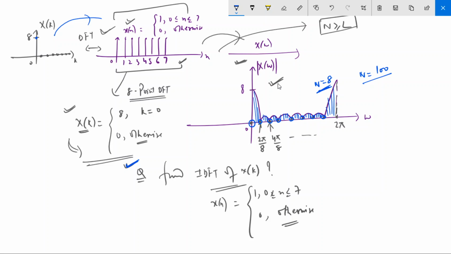From those 100 samples you can again recover the same sequence x[n]. It means for N greater than L, you can always recover x[n] from its samples, but the minimum number of samples in the frequency domain must be equal to the length of the signal. Okay, so this is what we call zero padding.